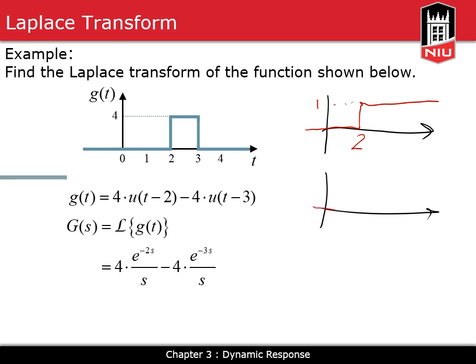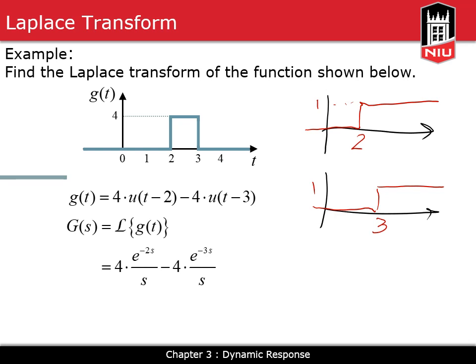Another step function that is 0 before time 3 and then jumps to 1 at time 3. Now if I find the difference between these two, basically the first one minus the second one, I will have exactly what g of t is showing in the graph.